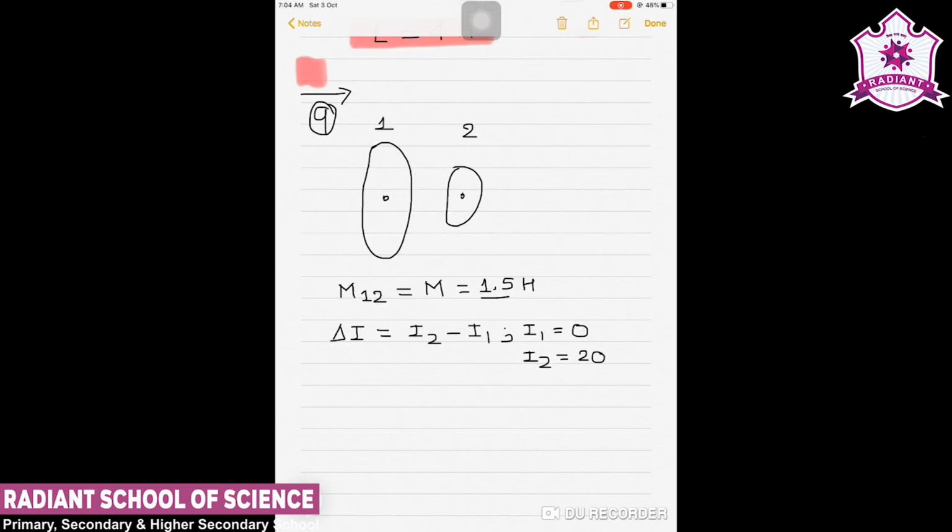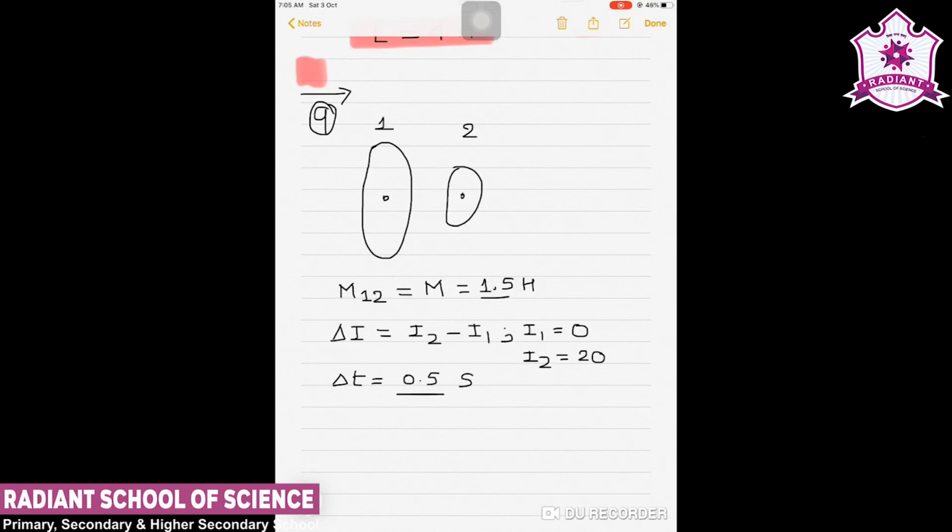So we have the I2 minus I1 term as our question. Second thing they have given is the time period. So here the time period, that is delta T, is given as 0.5 second.